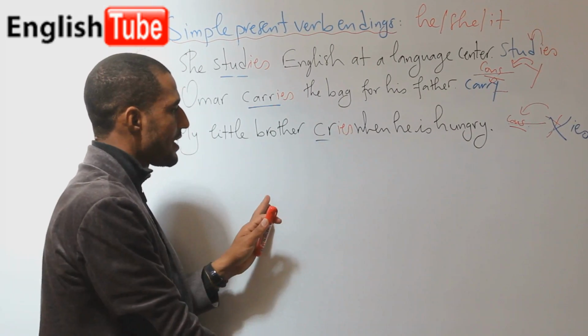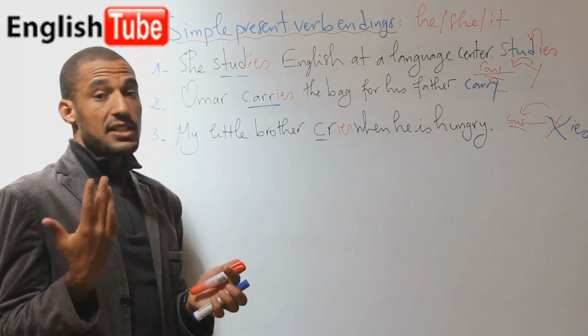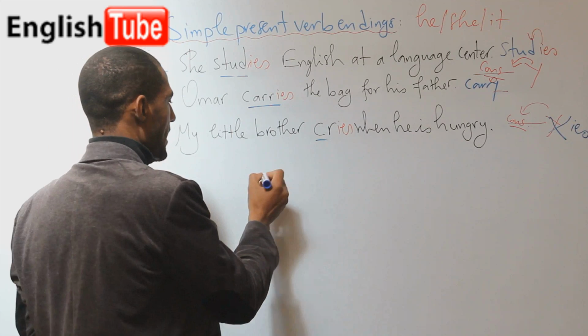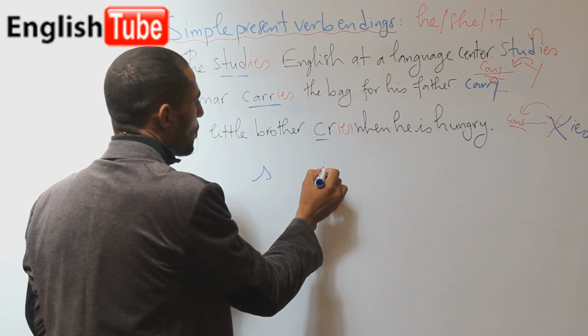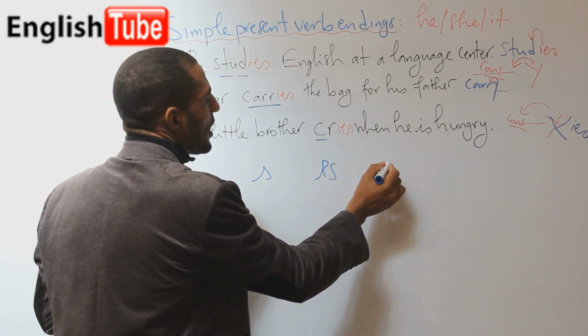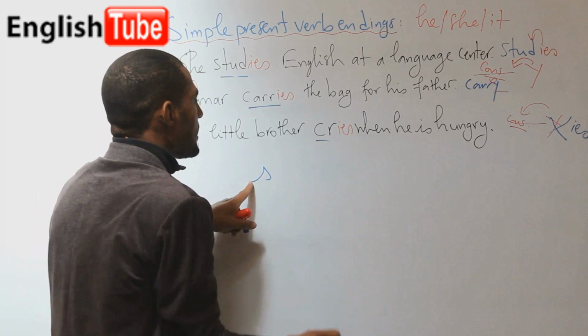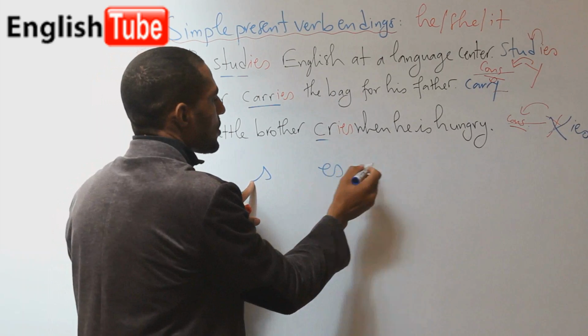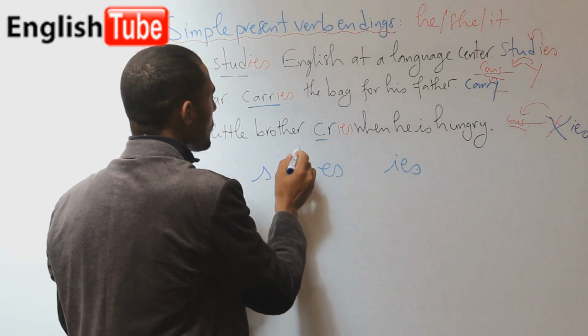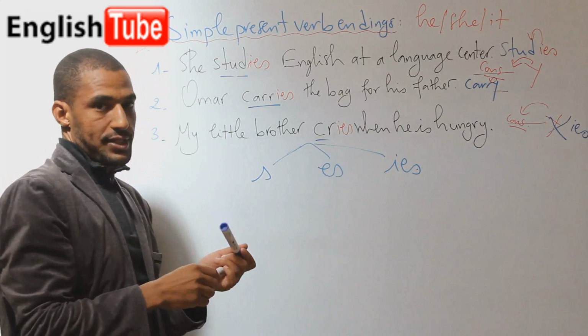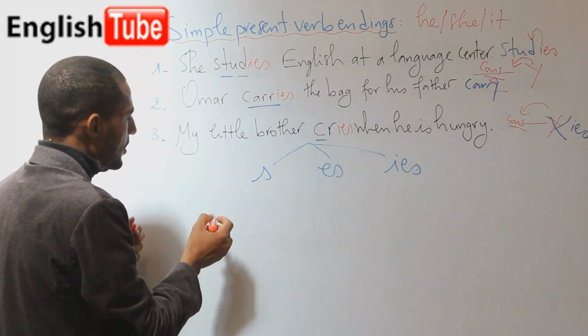Just as a summary right now, we're going to sum up the three cases and say that for a verb to take S, ES or IES at the end, these are verb endings. So there are two conditions. Let's recapitulate.